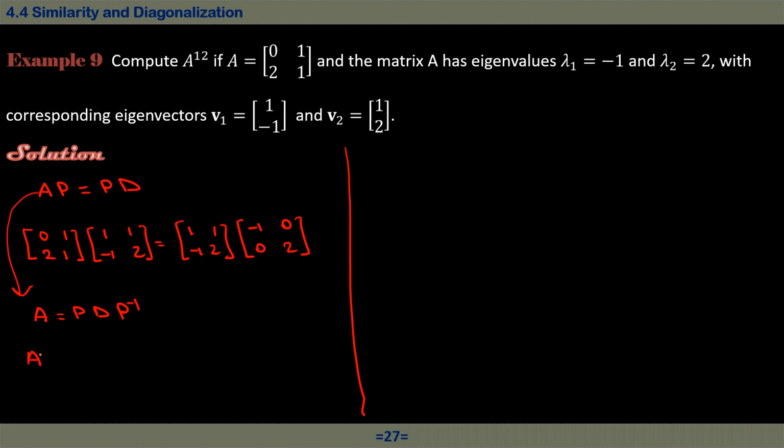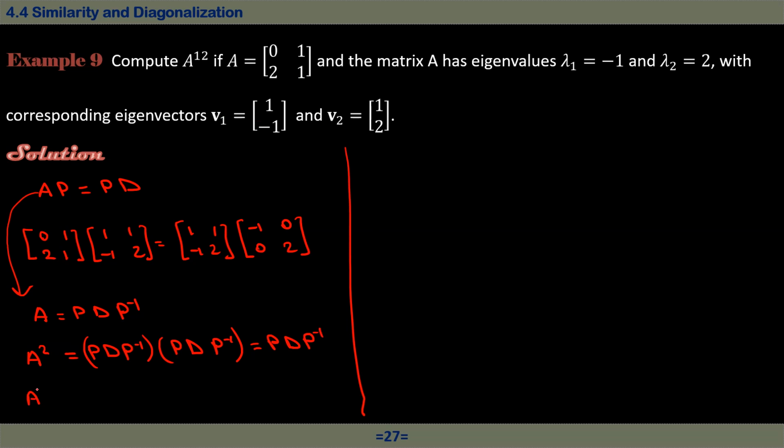First, what is A squared? A squared is P D P inverse multiplied by itself, P D P inverse. So if you evaluate this, P inverse times P is the identity matrix, D times D is D squared, so A squared is equal to P times D squared and P inverse.